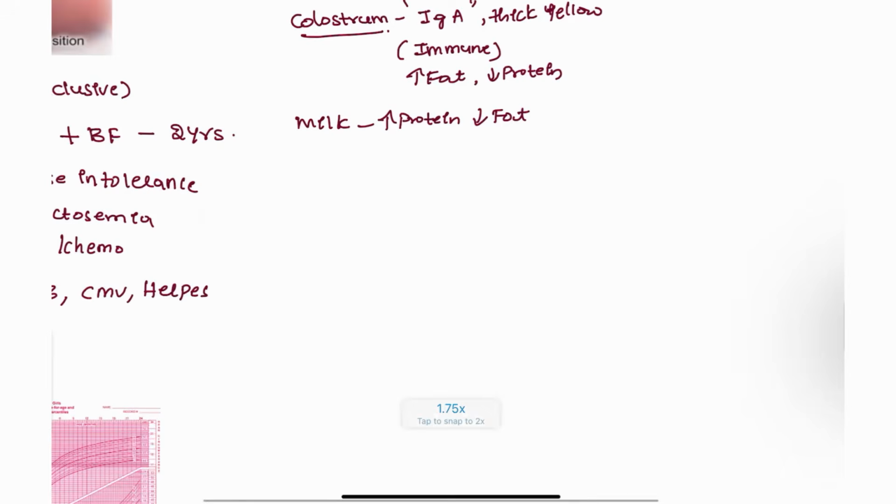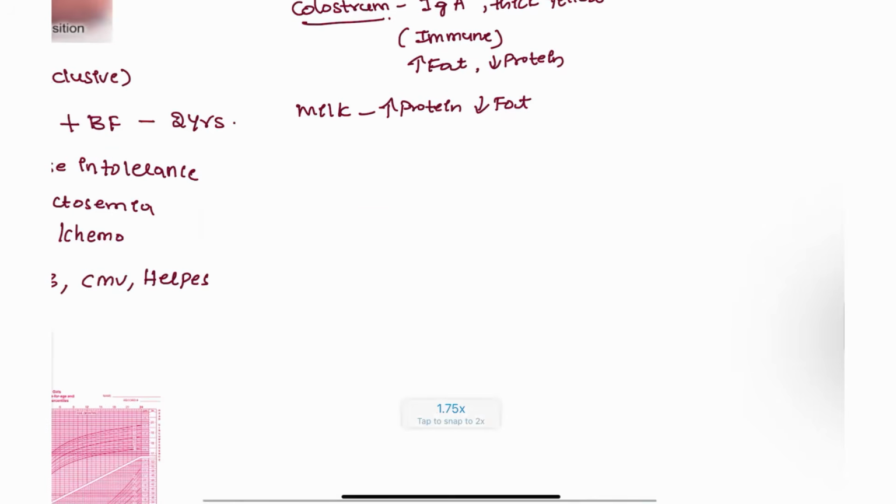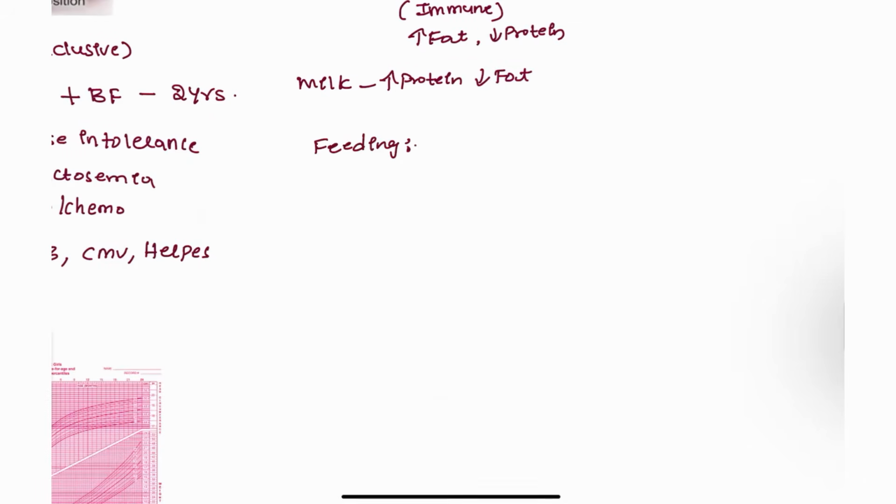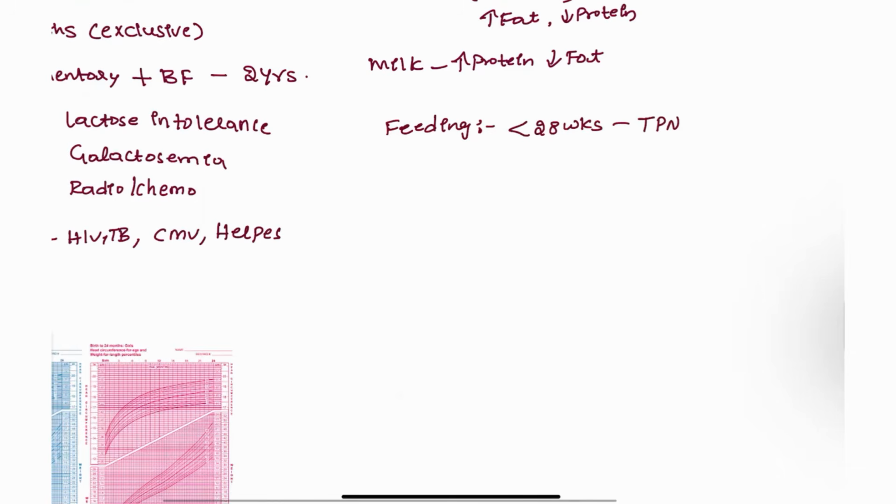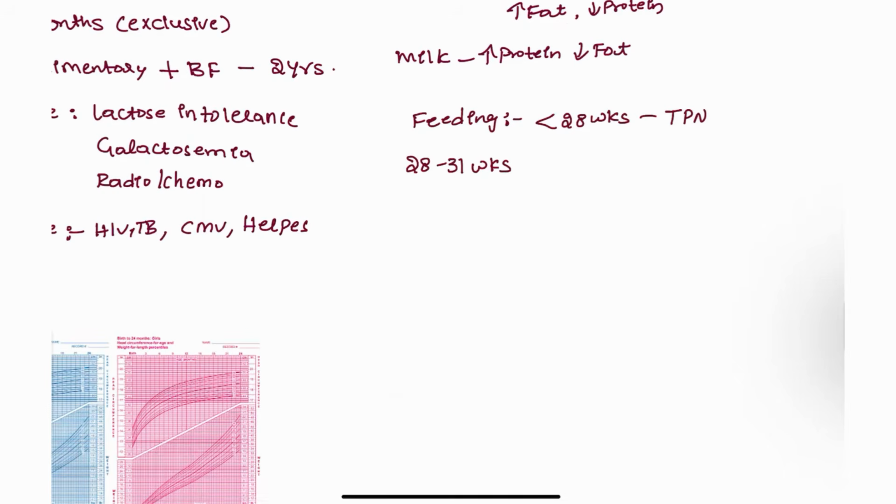Next, feeding patterns. In the feeding patterns, usually if it is a less than 28 weeks baby, then total parenteral nutrition is given for these babies. If it is 28 to 31 weeks, then it is given via nasogastric tube, breast milk is given. So you have to pump the breast milk and then give it to the baby. Okay.